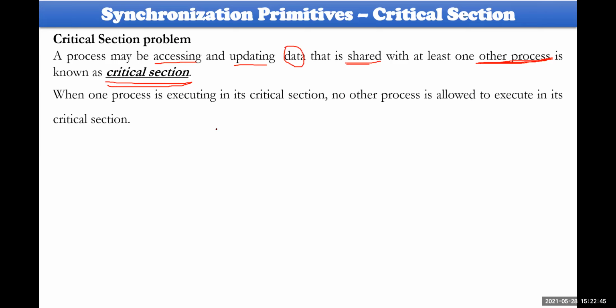When one process is executing its critical section, no other process is allowed to execute its critical section. It's very important to remember. If process P1 is executing its critical section, all the remaining processes P2, P3, P4 are not supposed to enter the critical section.